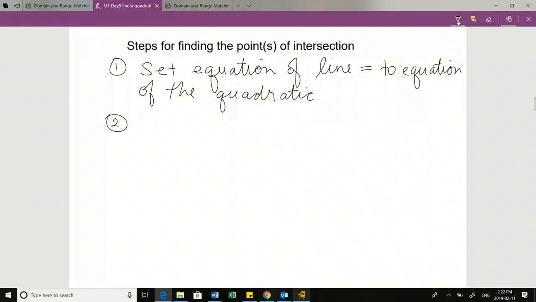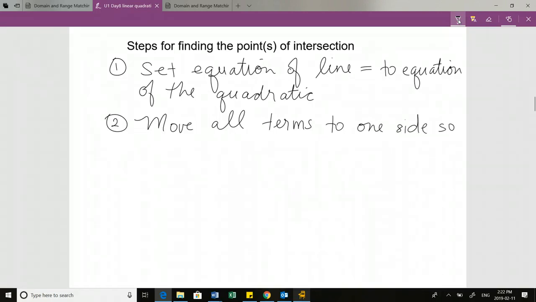But we're going to move all terms to one side so that the other side is equal to 0.